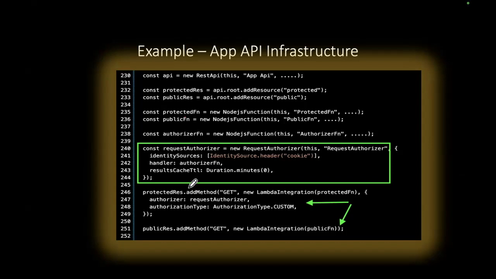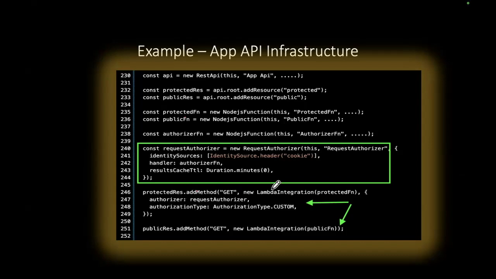And here is where we add our methods to our web API endpoints, but we have to tell it which of the methods require JWT authentication and which don't. It looks like this one does, whereas this one doesn't.